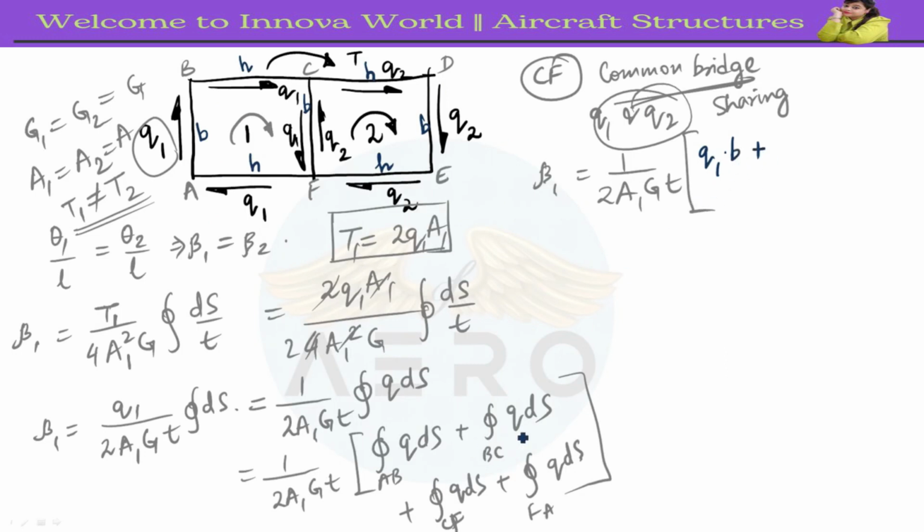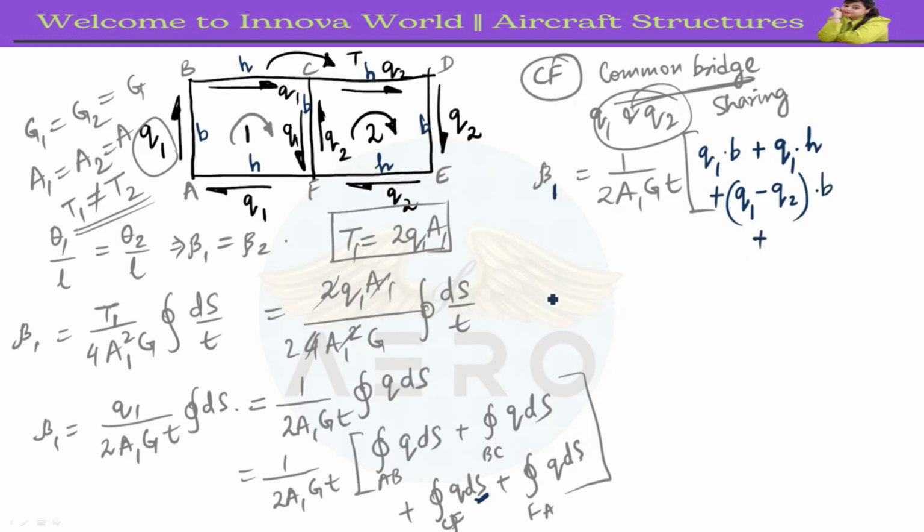Plus BC. For BC we again have q1, and the perimeter is h, so q1 into h. Now CF is a common web where both are sharing q1 and q2. When you are finding theta 1, you have to take q1 minus q2, into the perimeter, which is b.